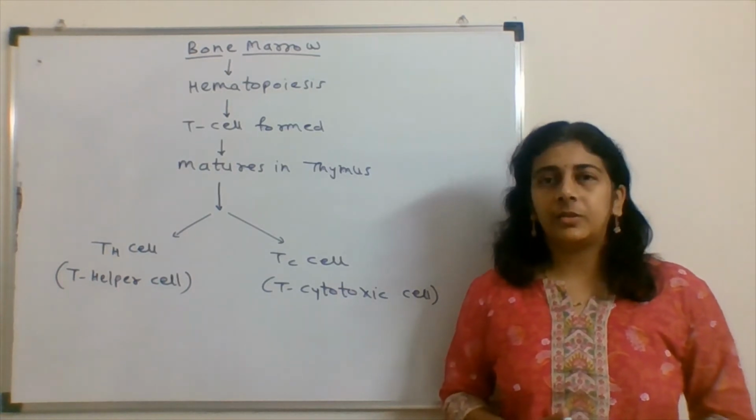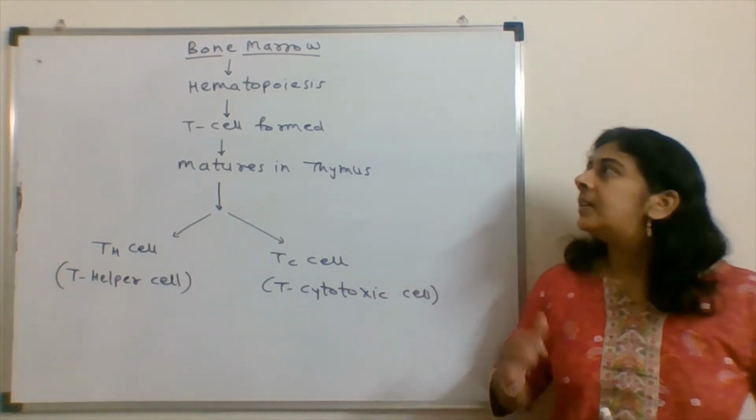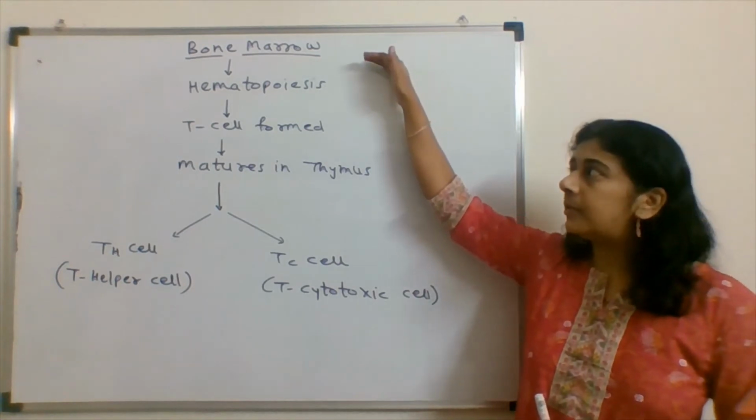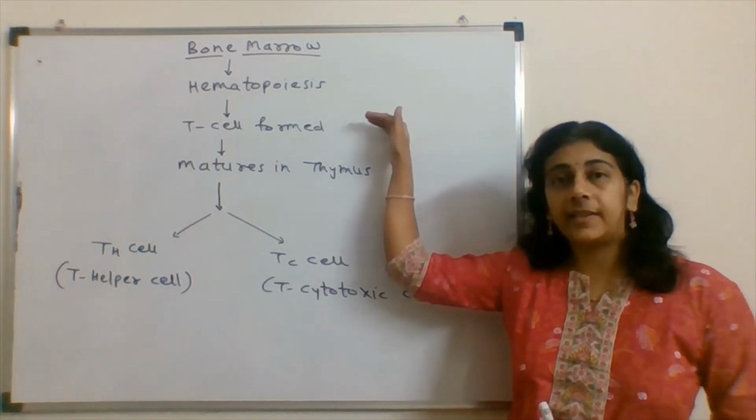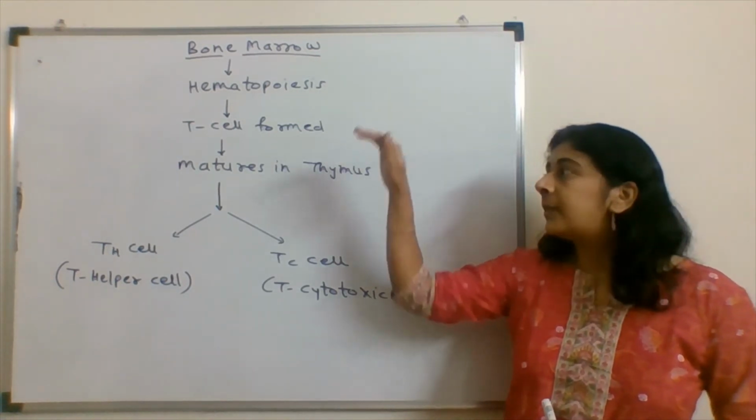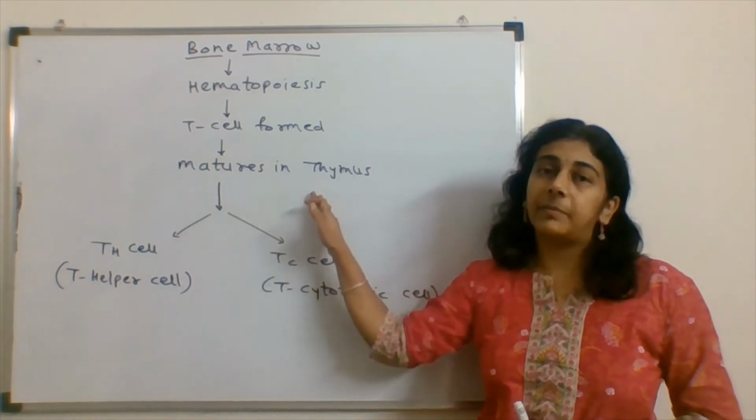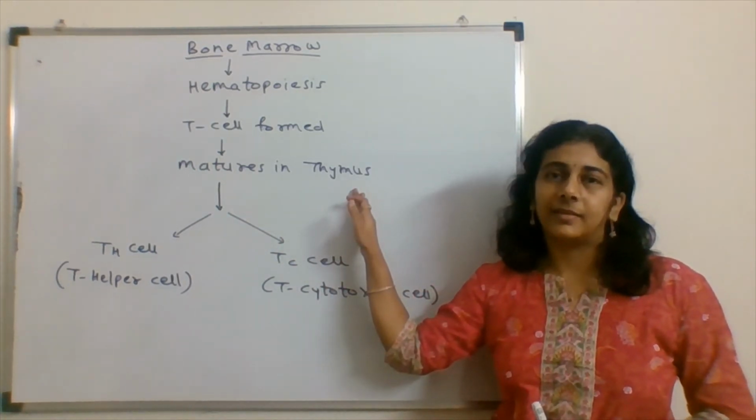Moving further to T cells. In the bone marrow, through hematopoiesis, T cells are formed. But these T cells get matured in the thymus.